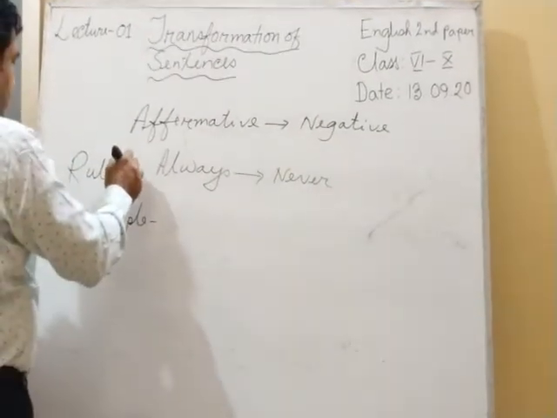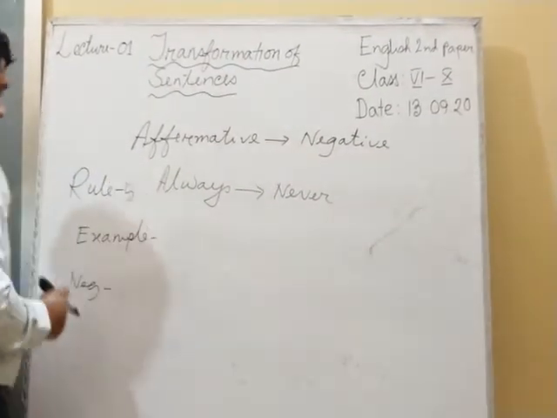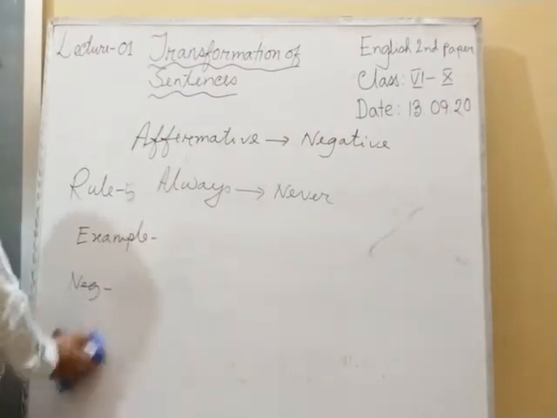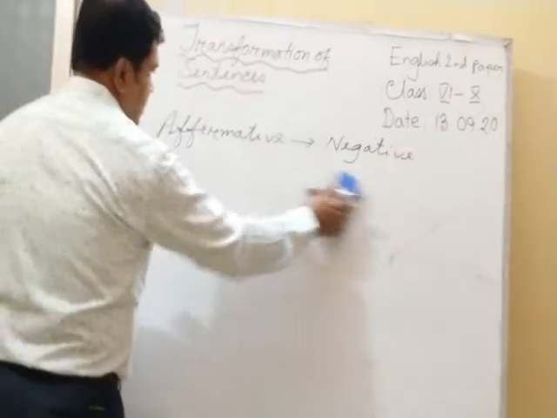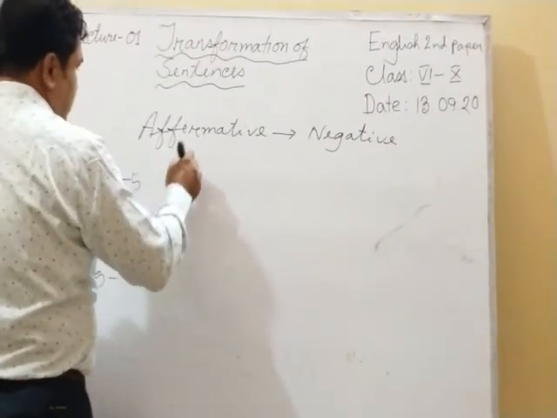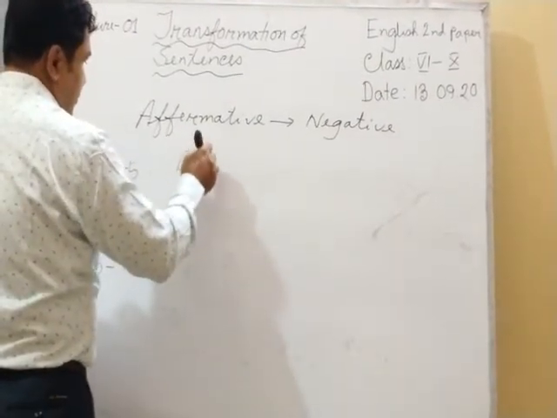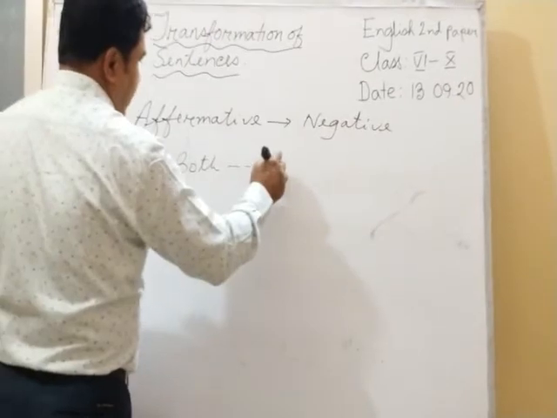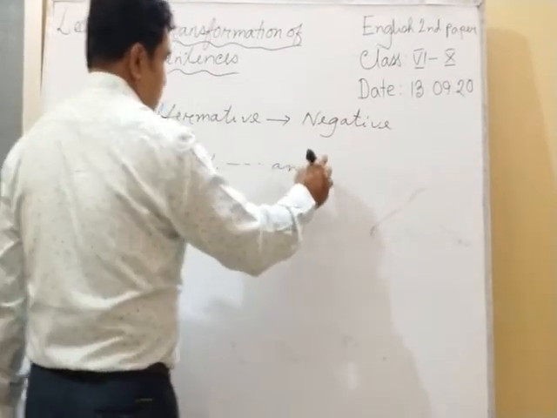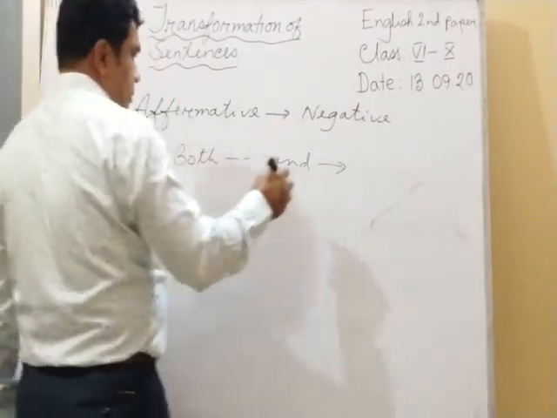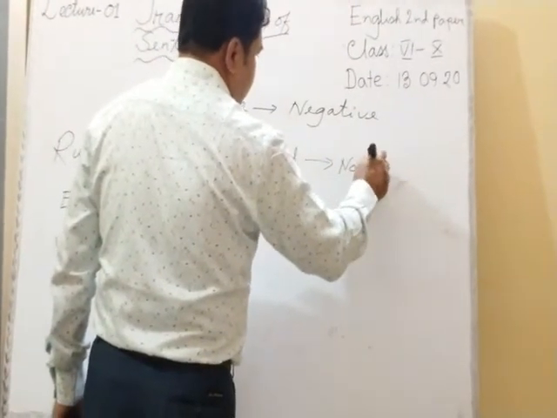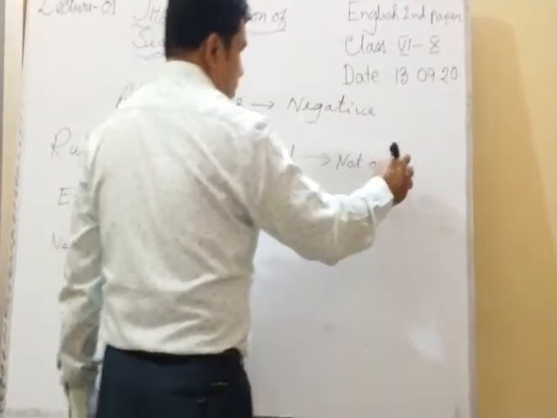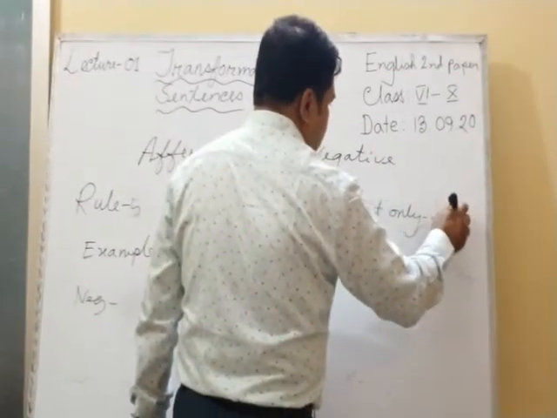Rule number 5. Both and, not only but also.